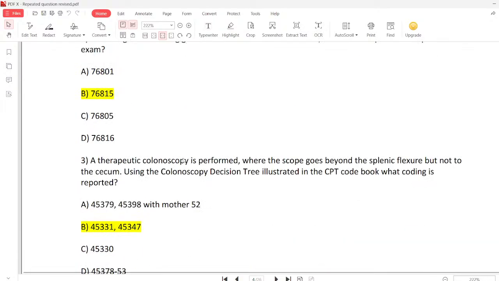And next one. A therapeutic colonoscopy is performed where the scope goes beyond the splenic flexure but not to the cecum.